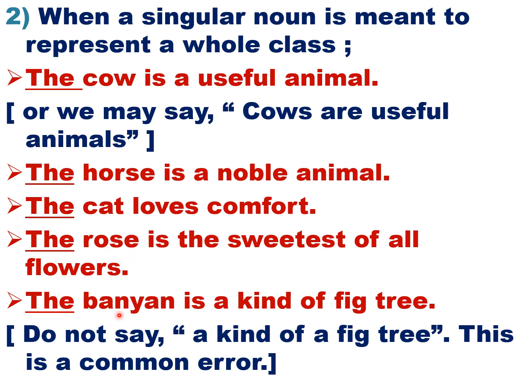The banyan is a kind of fig tree. Banyan is a singular noun. The banyan represents a whole class. A kind of the fig tree is wrong because fig tree represents the whole class and not a particular fig tree.